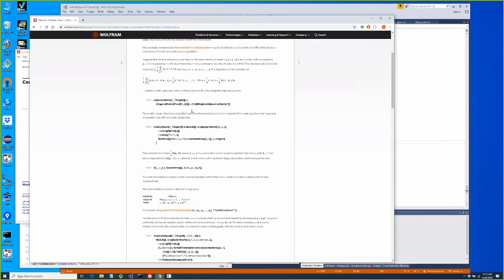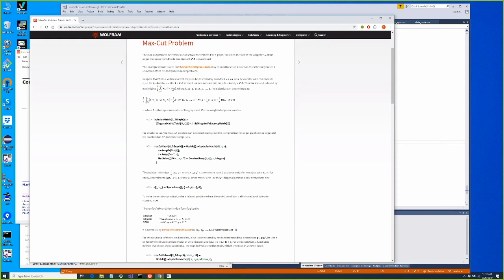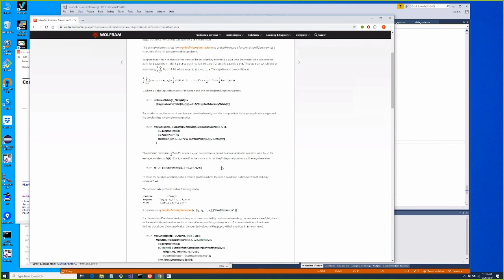Basically, this involves using the Laplacian matrix of the graph, and so the exact max cut is to do this. You find a max value. This ends up being theoretically correct, but incredibly slow, and you can only do it for very small graphs.